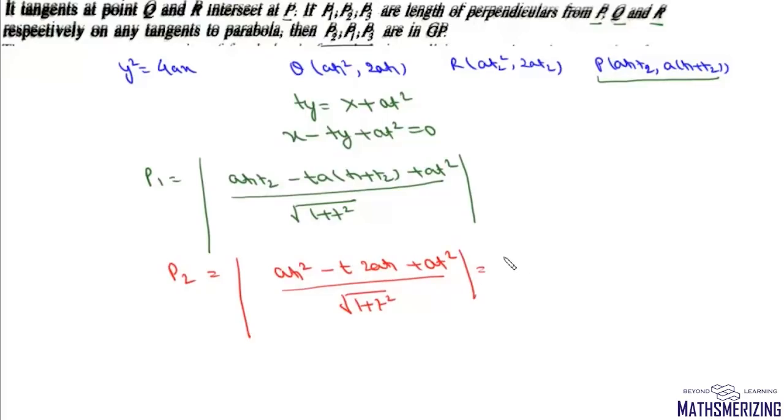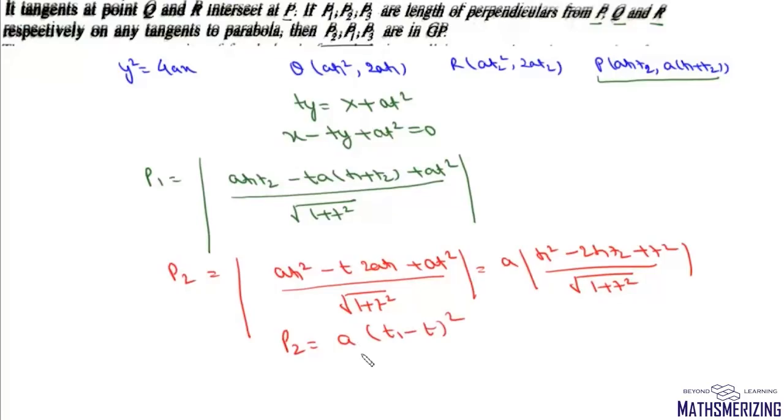Now we'll take a common, then we can write this as a(t1 square minus 2t1t plus t square) upon under root of 1 plus t square. So basically the value of P2 is a(t1 minus t) whole square upon under root of 1 plus t square. Similarly we can say P3 should be a(t2 minus t) whole square upon under root of 1 plus t square.